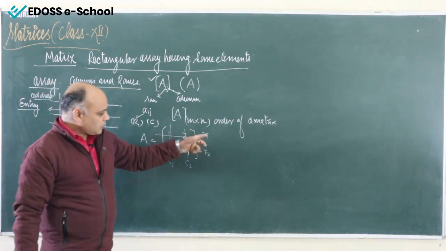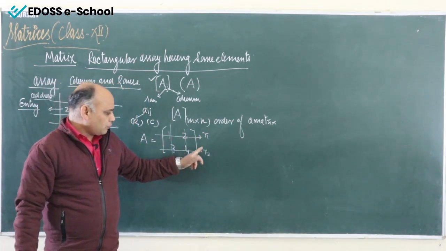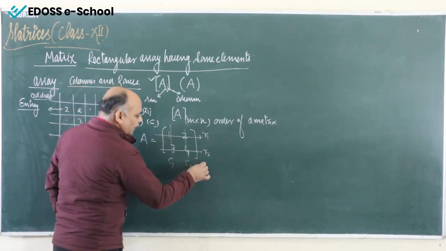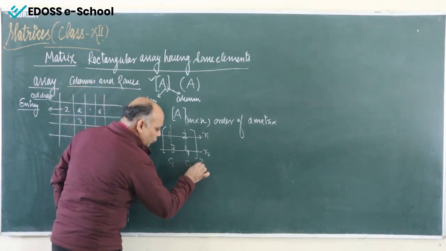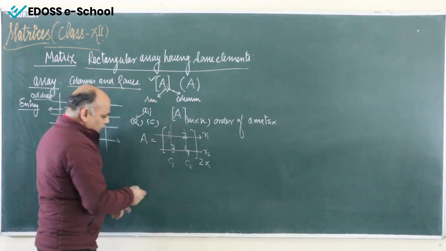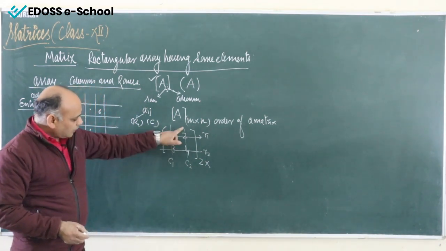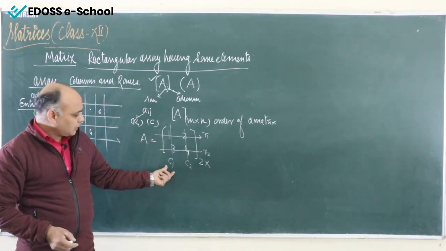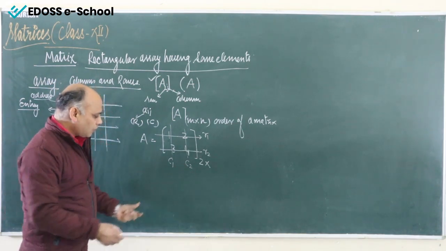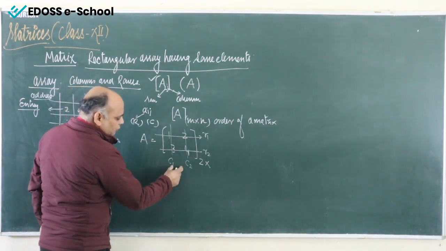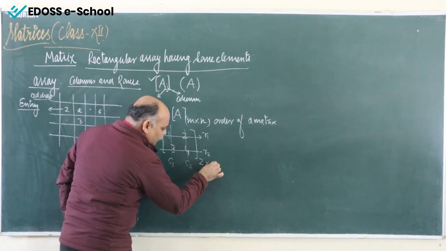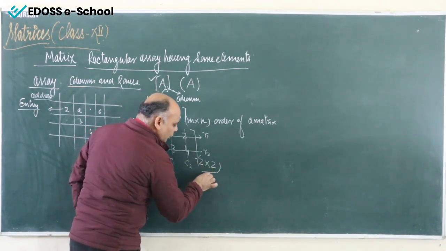R1 means first row and R2 means second row. That means this has 2 rows, so you say 2 cross. Then C1 means first column and C2 the second column, so the total number of columns is 2. Then its order will be 2 cross 2.